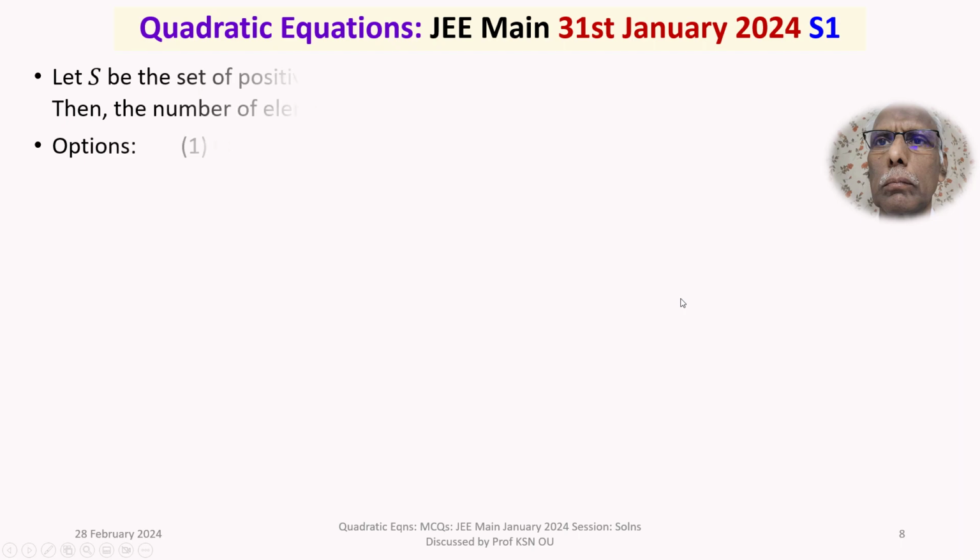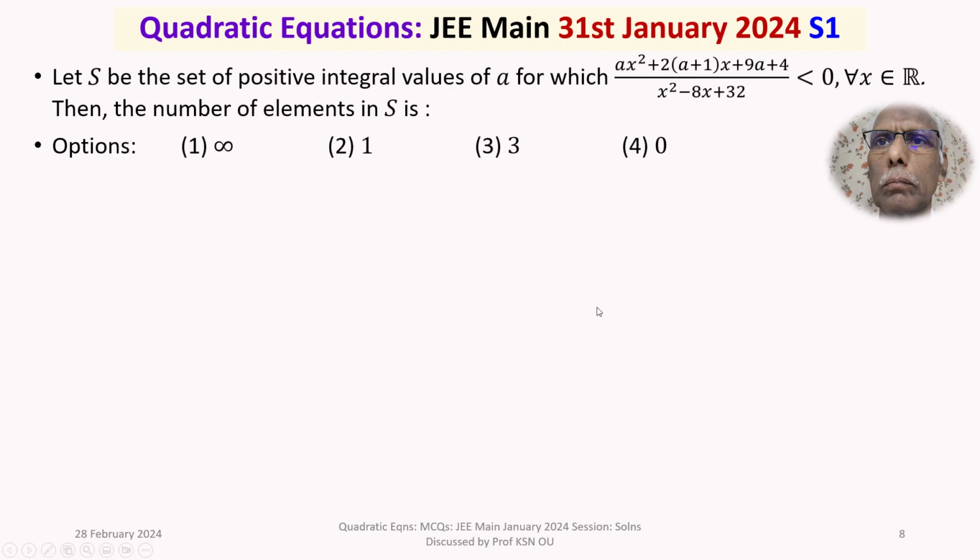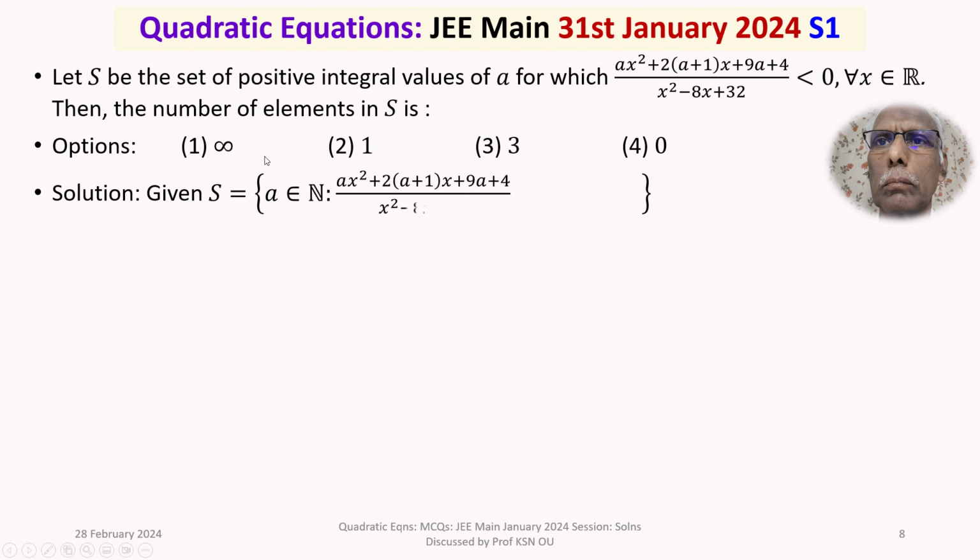We now discuss the solution of the problem in detail. We are given S. S is the set of all a belongs to N such that (ax square plus 2 into a plus 1 into x plus 9a plus 4) whole by (x square minus 8x plus 32) is less than 0 for all x belongs to R. This should be true, less than 0 for all x belongs to R. For how many values a belongs to N?